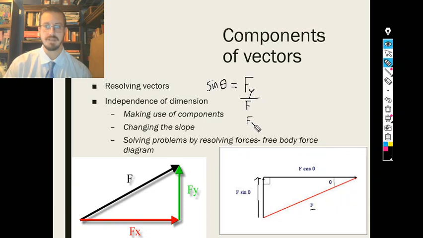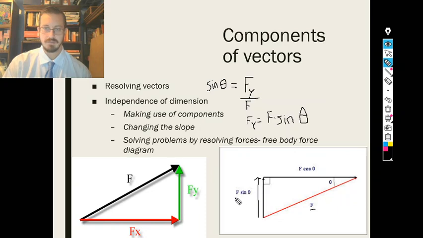I've made it the subject of this equation. And that's why they're able to label this vertical side as just F, which is, remember, the magnitude of the force here, the hypotenuse of our triangle, times the sine of the angle theta.